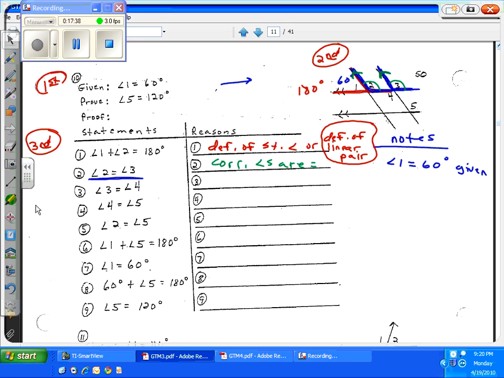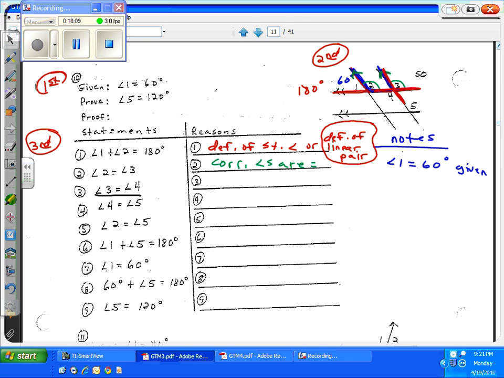The next statement, angle 3 is equal to angle 4. So we go to the given. Does it say in the given that angle 3 is equal to angle 4? Nope. So we go to the diagram. Can we see in the diagram that angle 3 is equal to angle 4?